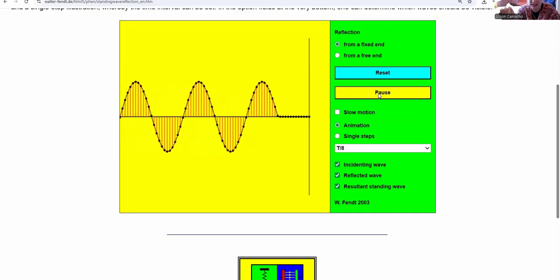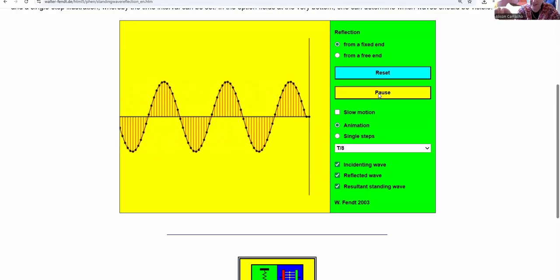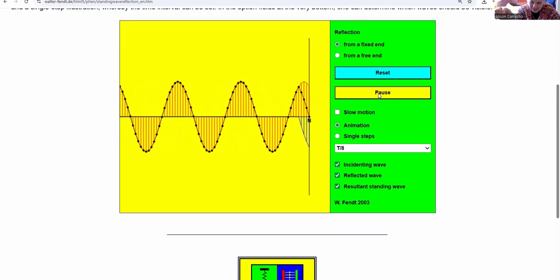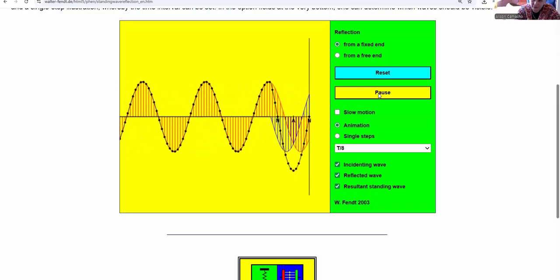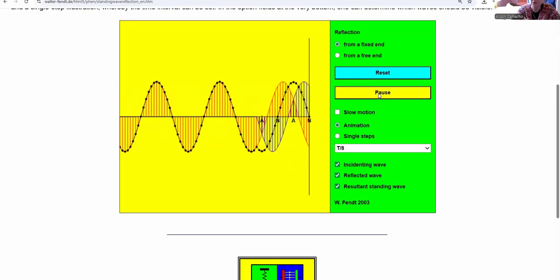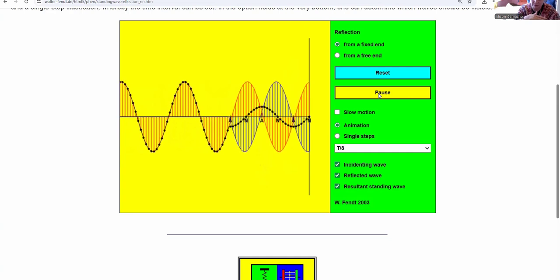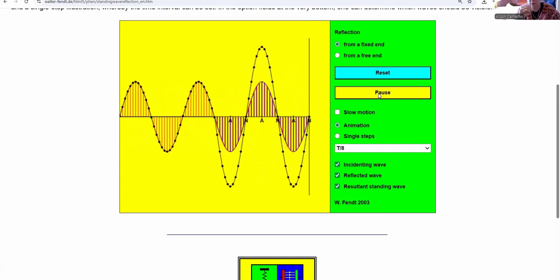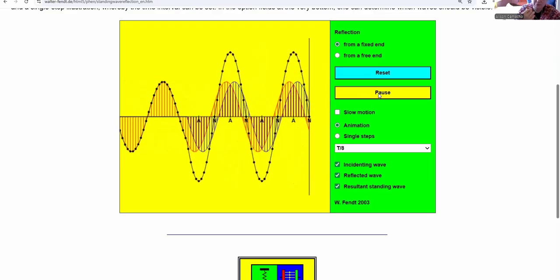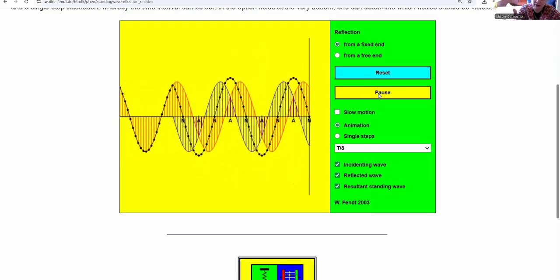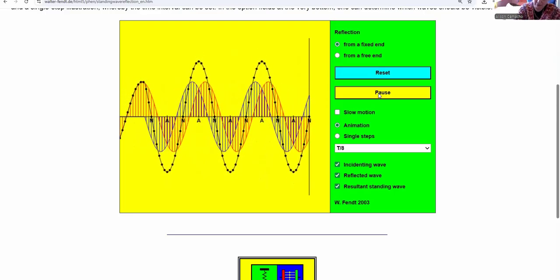It hits the end of the string, which is a node, it's got to be a node, and it reflects. The blue wave is the reflected wave. And the blue wave and the red wave, so these waves that are now going in opposite directions, they superpose, they interfere, and the black dots are the standing wave that's formed.